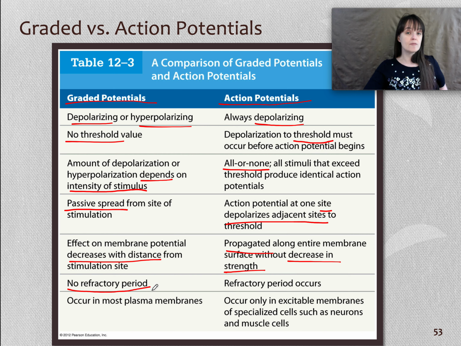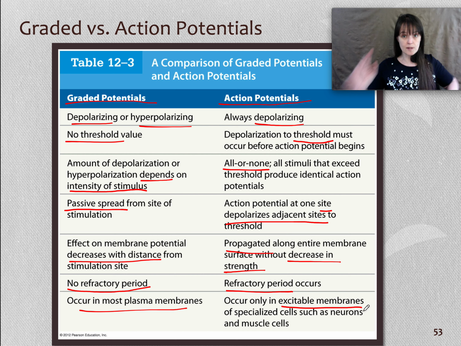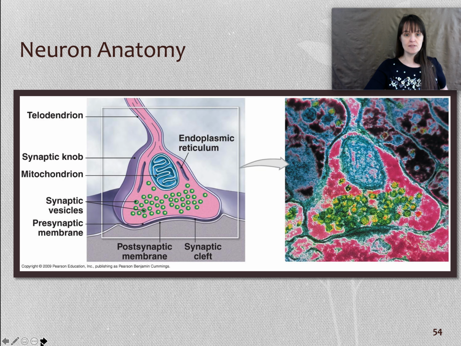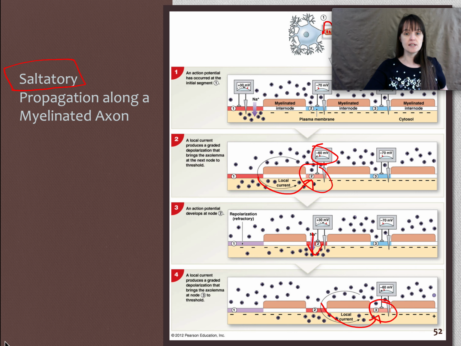Graded potentials don't have a refractory period, so you can just keep zapping and you'll get a stronger result. We'll talk about summation in another video. And action potentials, there is a refractory period. I do want to say something else about that here in a second. And graded potentials occur in most plasma membranes, but again, action potentials only happen in excitable membranes that have voltage-gated ion channels, and that is the difference, the voltage-gated ion channels.